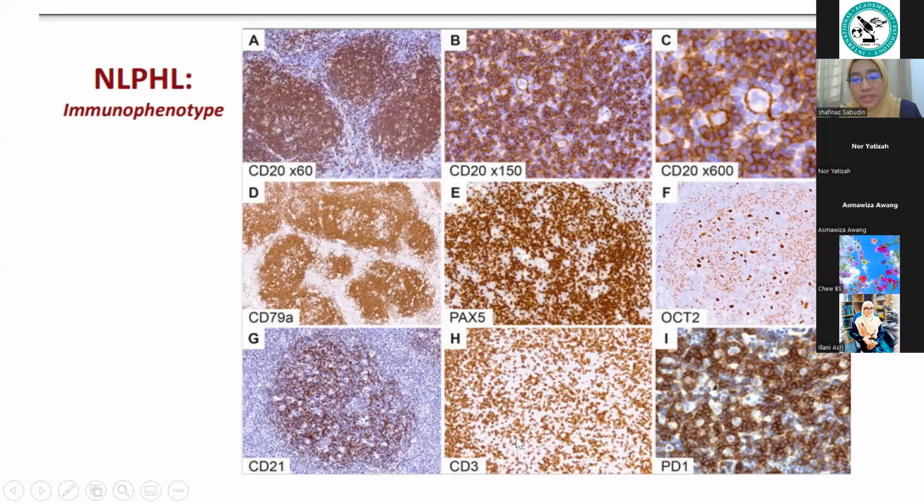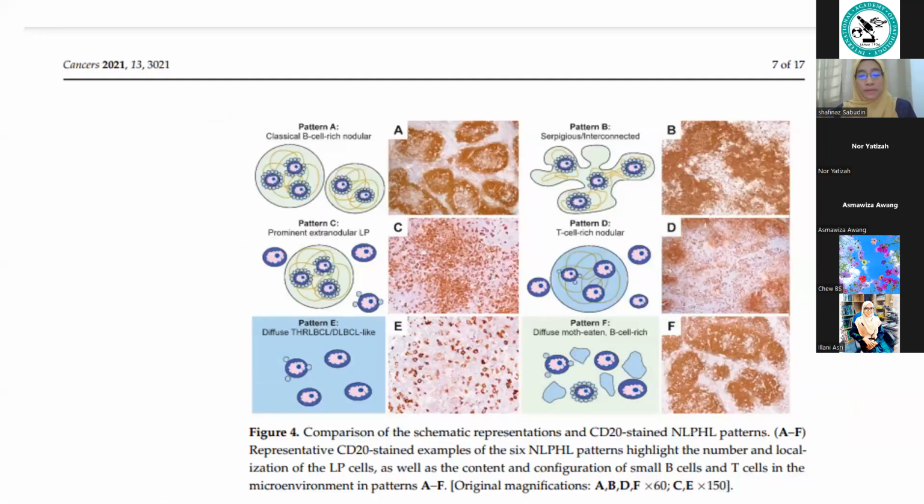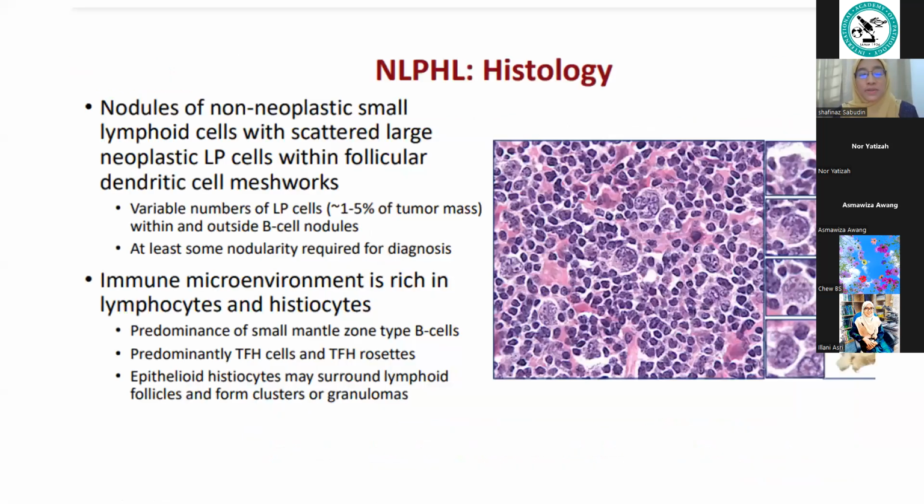Even under CD3, you can see some rosetting pattern where it rosettes the LP cell. And this is better seen under PD1 immunostain, where the PD1 positive cells are forming rosettes around the LP cell. This is basically telling you the same story. Okay, so that is basically what you need to know for nodular lymphocyte predominant Hodgkin lymphoma histology.